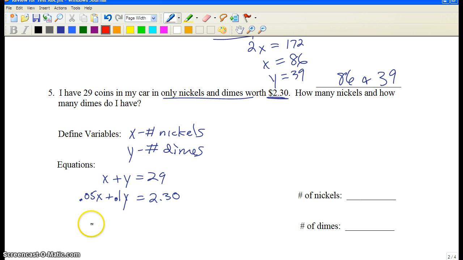To do this, I would do it by elimination again. I would multiply the first equation by negative 0.1, because I feel that's the easiest, and 0.1 is easy to multiply by 29. That's why I'm doing it.